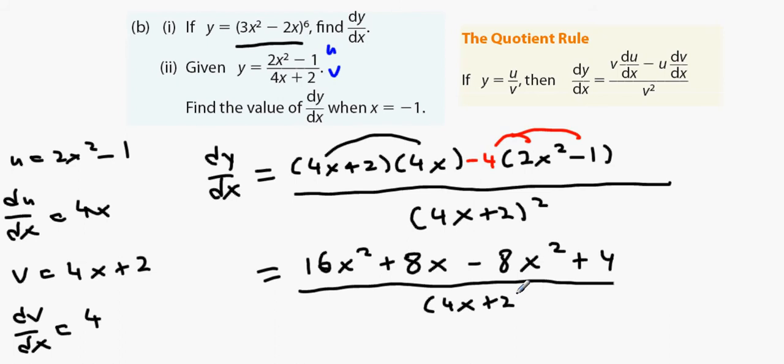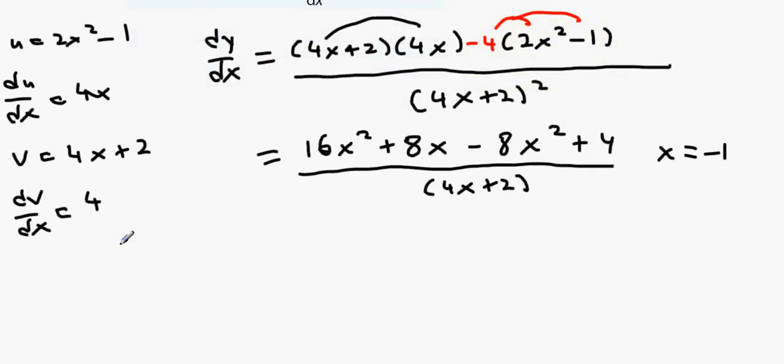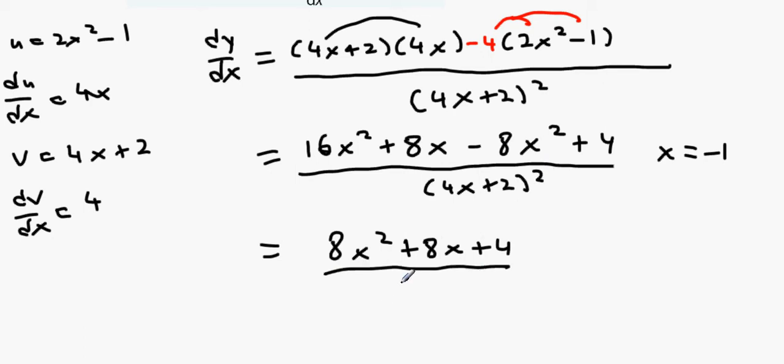Now keep in mind that x is going to be minus 1. Okay, I'm just going to tidy up a bit more before I put in x equals minus 1, just in case we're asked anything like this. So it's going to be 8x squared plus 8x plus 4 all over 4x plus 2 squared.